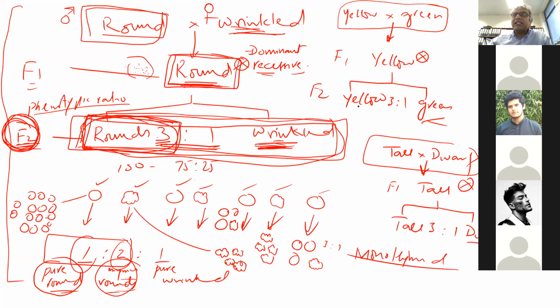Because yellow, he discovered, was dominant, green was recessive, tall was dominant, dwarf was recessive. So once, let's write everything now more neatly here.